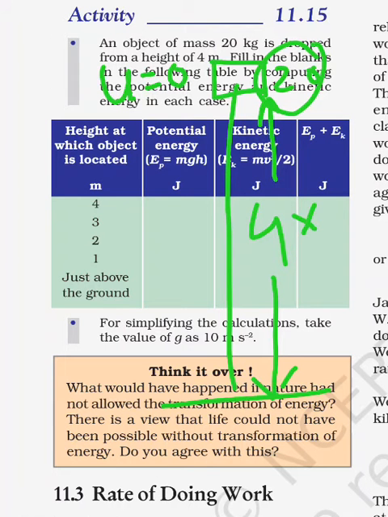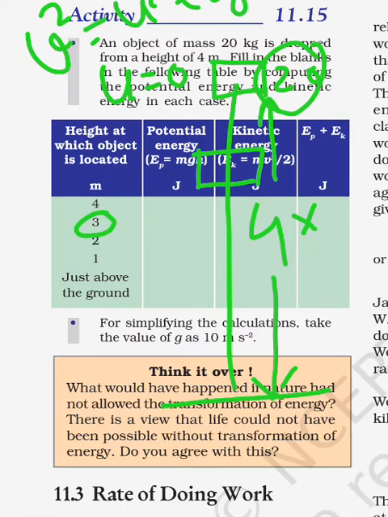But when it will come to 3 height, second case, the velocity will increase a little bit. By which formula? We will use that formula, v square is equal to u square plus 2gh.